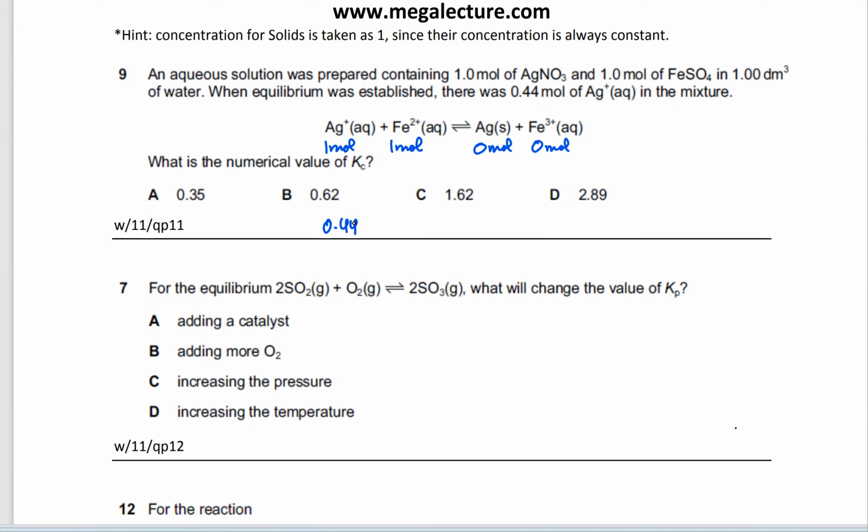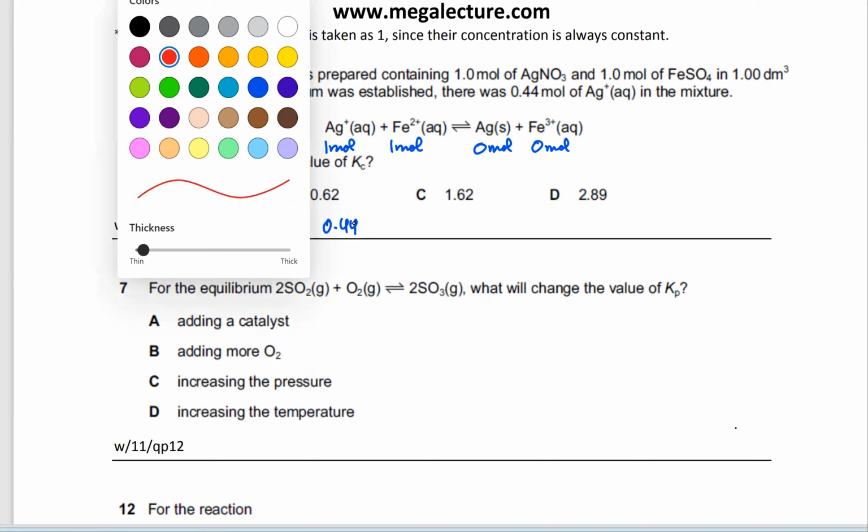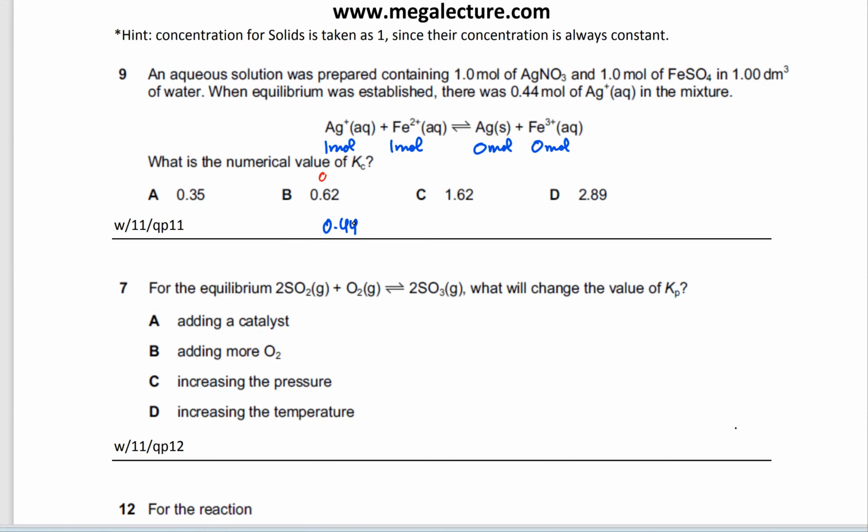So that means 0.56 must have reacted, and it's 1:1. So 0.56 of Fe2+ would also be gone. And if 0.56 reacts with 0.56, going forward they're going to produce 0.56.